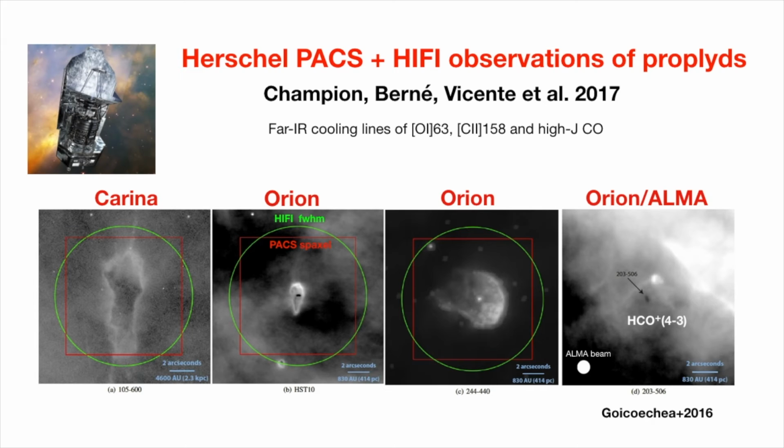The data was analyzed by Jason Champion as part of his PhD thesis and published in a paper, which also includes the non-spatially resolved detection of HCO+ in a silhouette disk. This was obtained with ALMA in Cycle 1, from observations of the Orion Bar by Javier Goicoechea.